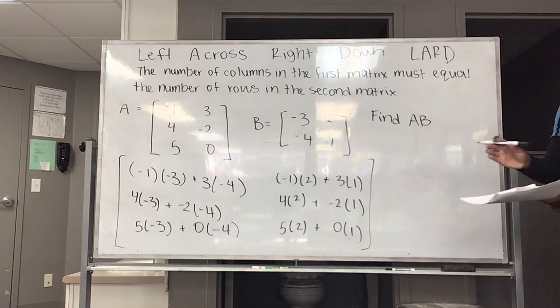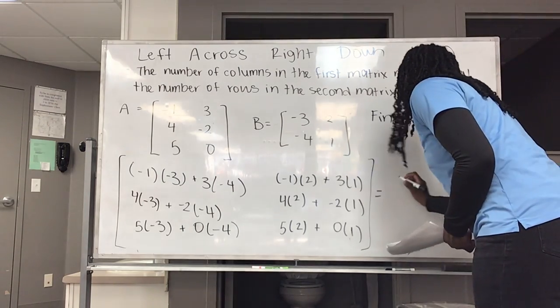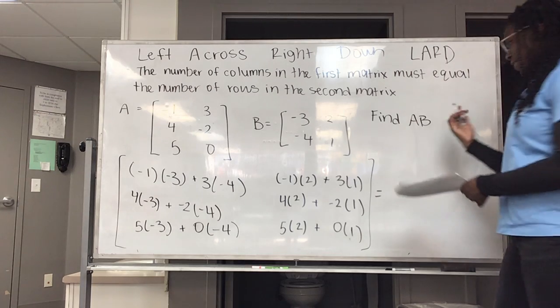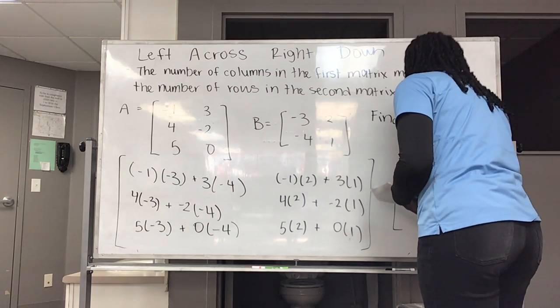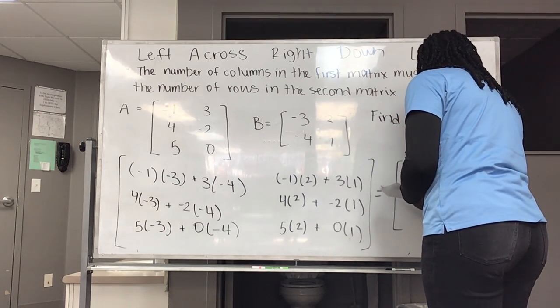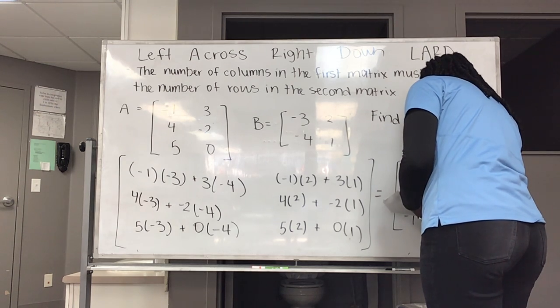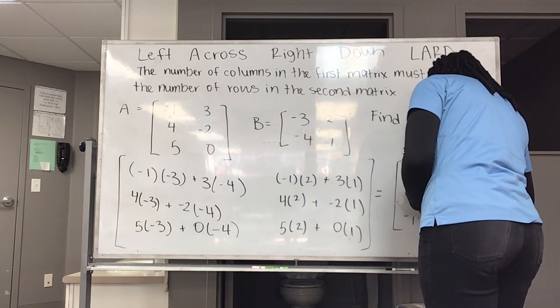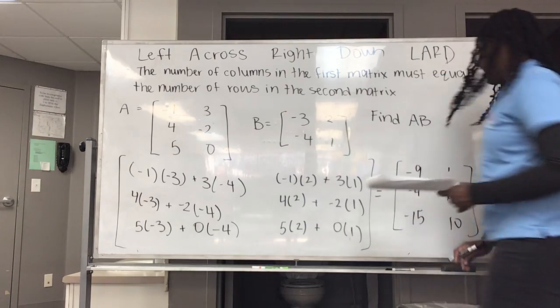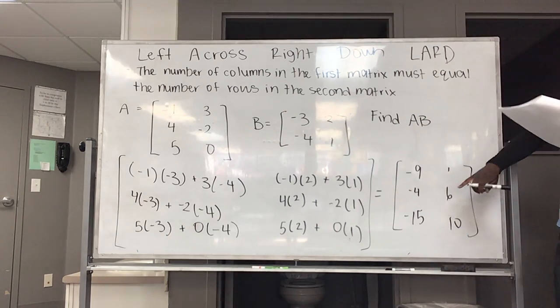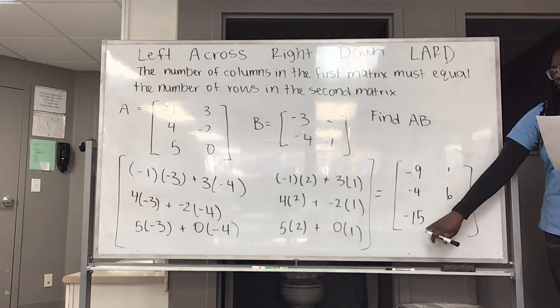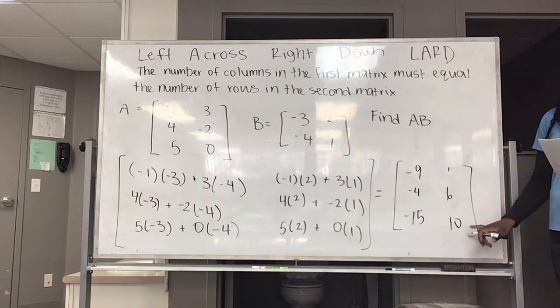And then if we multiply everything together and add them, you should get -9, and then if you go down -4, -15, 1, 6, and 10.